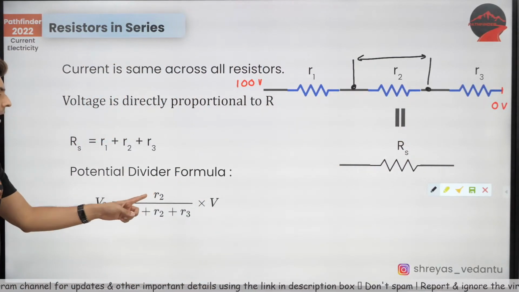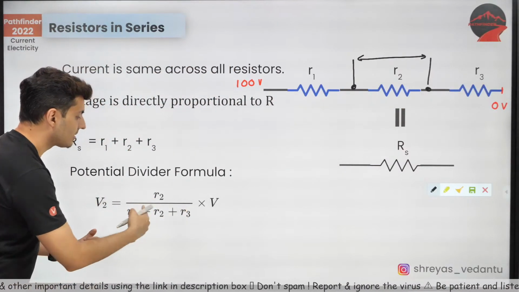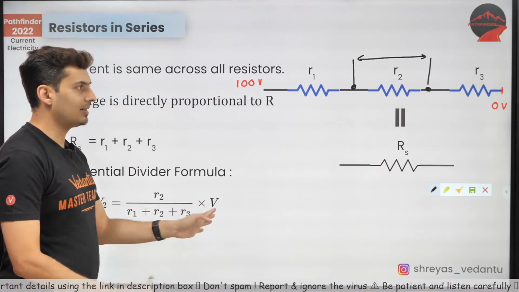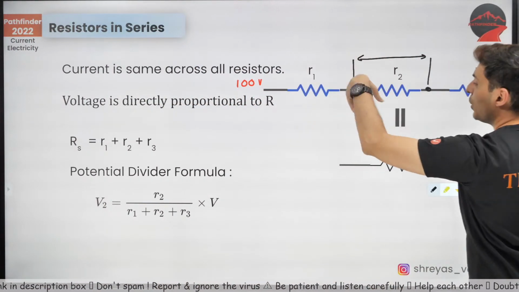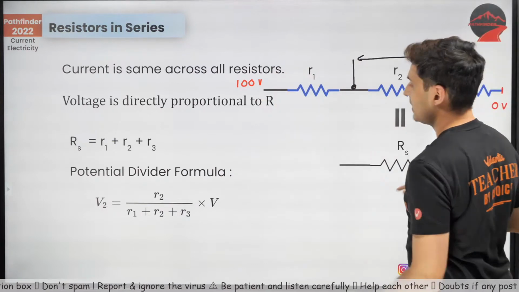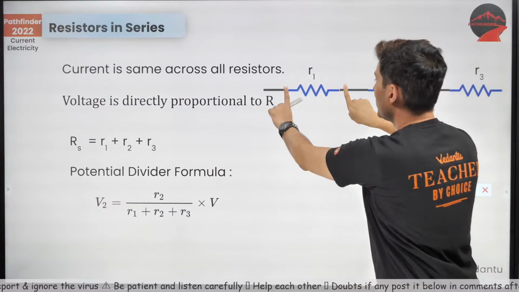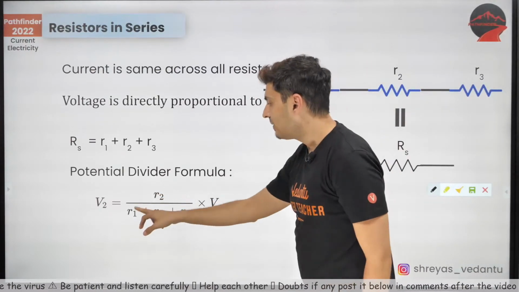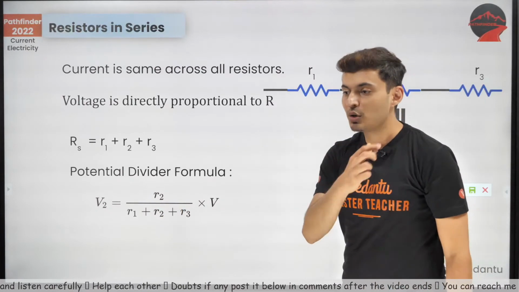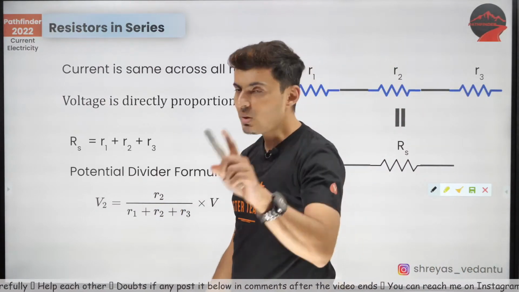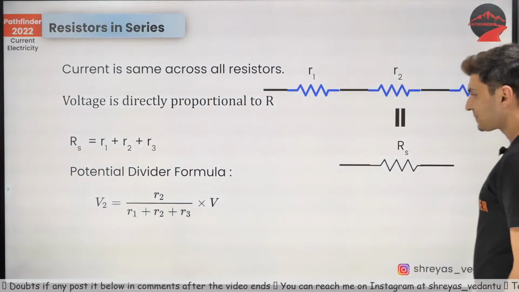It's nothing but R2 divided by total resistance into V. That resistance divided by total resistance, and the whole thing into the total voltage difference, which is 100. If they ask you what is V1, voltage across R1, it will be R1 divided by total into V. So this becomes a very, very useful formula, called the potential divider formula.